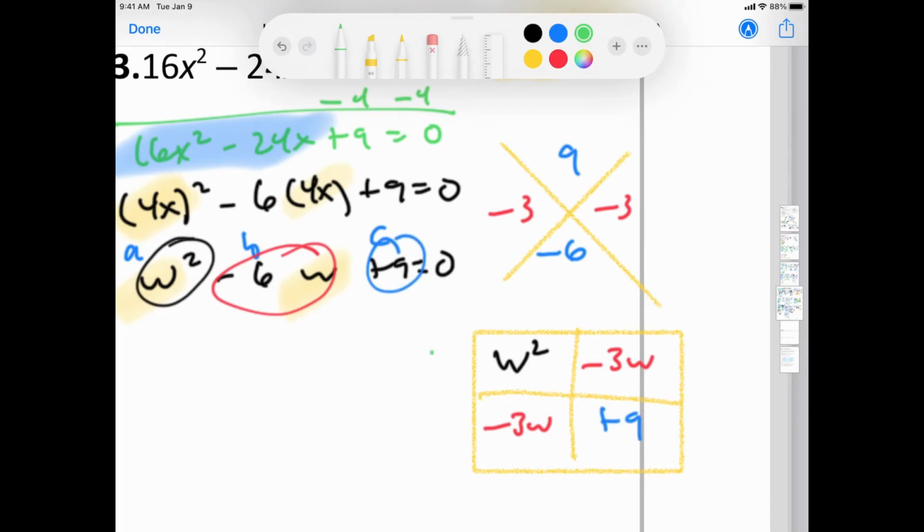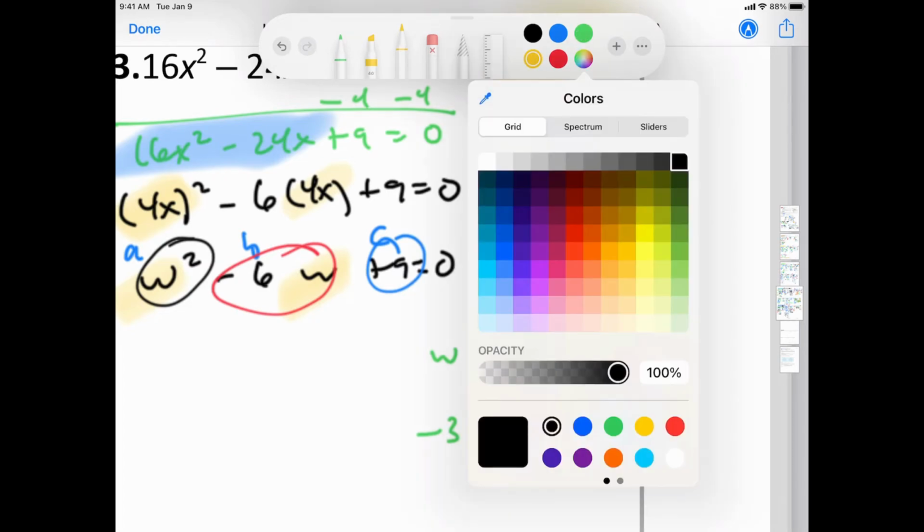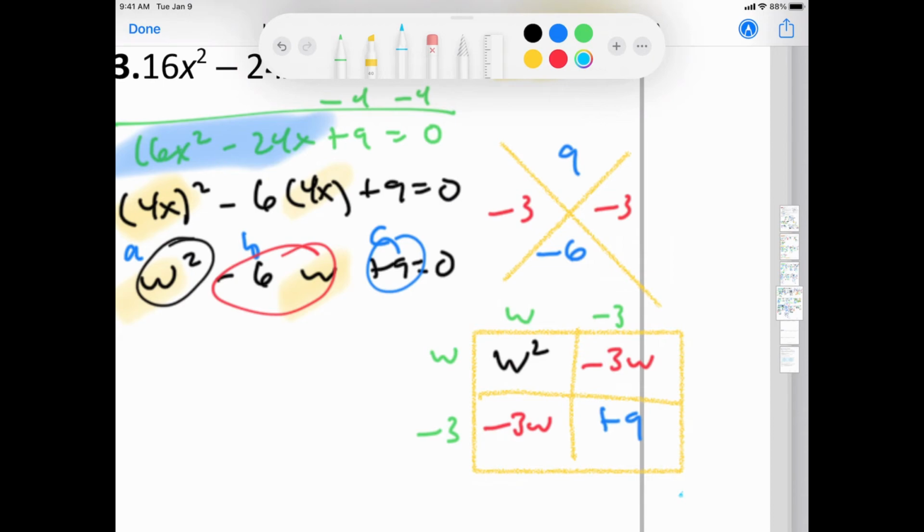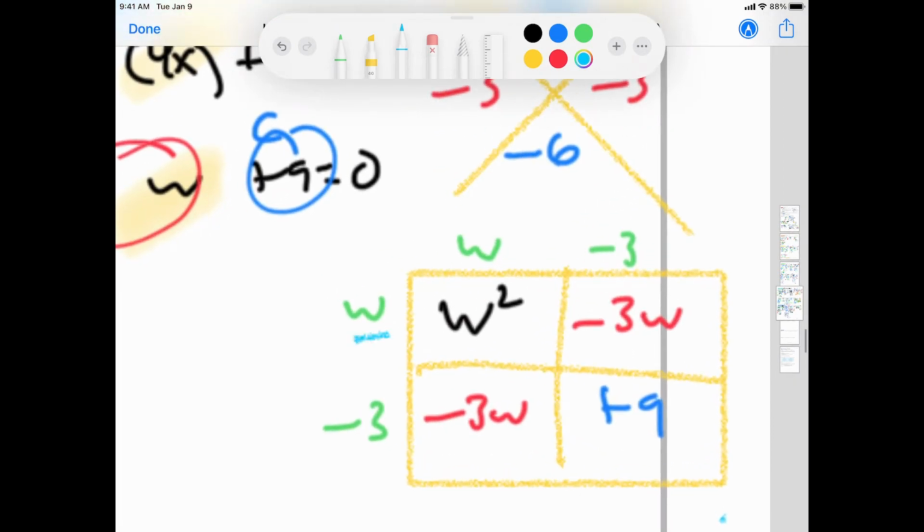So greatest common factor, w, negative 3, w, negative 3. Remember, you can multiply to check your answer here. W times w is w squared. W times negative 3 is negative 3w. W times negative 3 is negative 3w. And then negative 3 times negative 3 is positive 9.